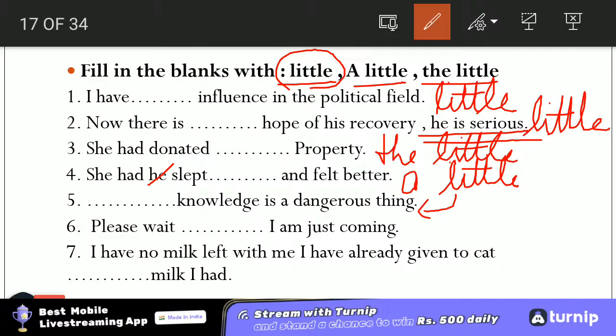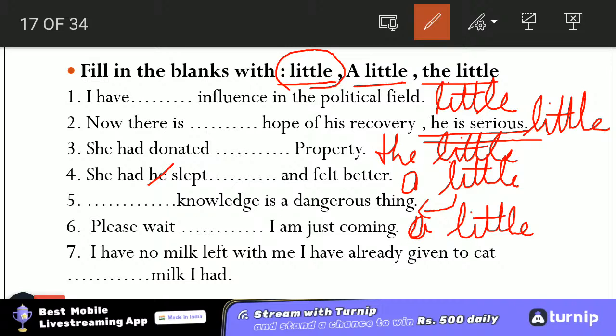So in this case you have to wait a little, the little या little. So means you need to wait for some time, not much, basically means a little. So what we will be writing: please wait a little, I am just coming. थोड़ा सा wait करो, I am about to come.